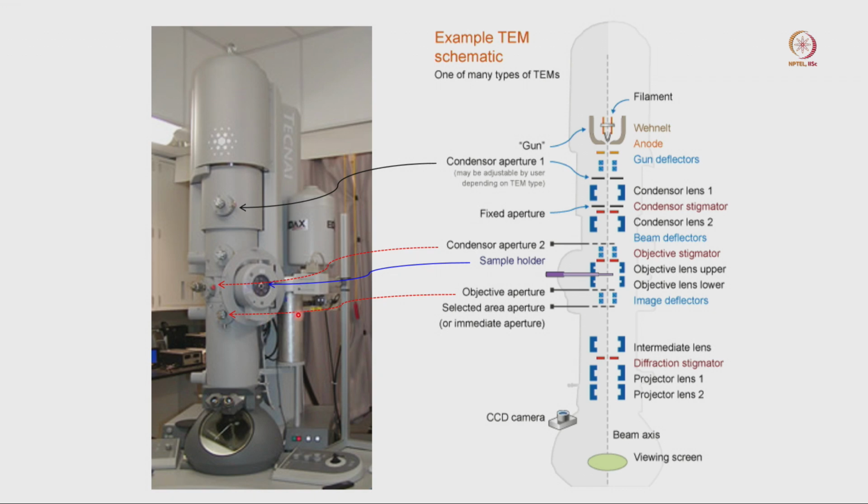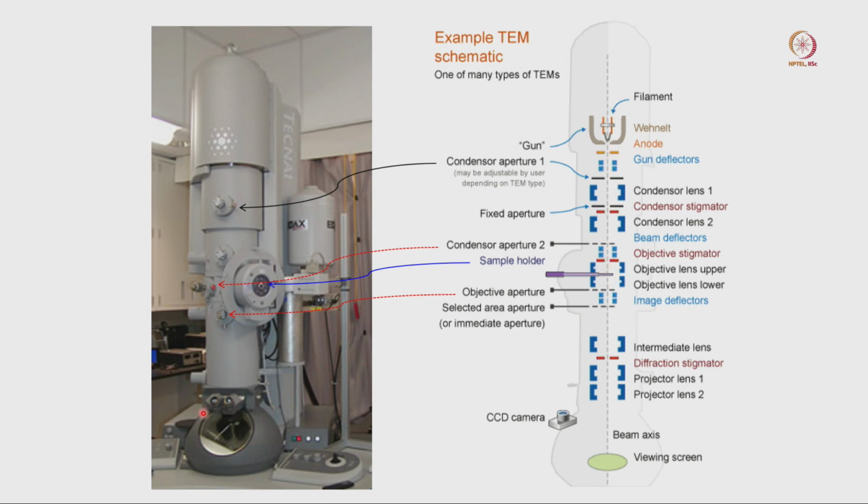This is the goniometer, which is shown here, and this is our sample holder. The sample holder is a rod almost more than 1.5 feet long, where the sample stays inside, where the optical axis is.